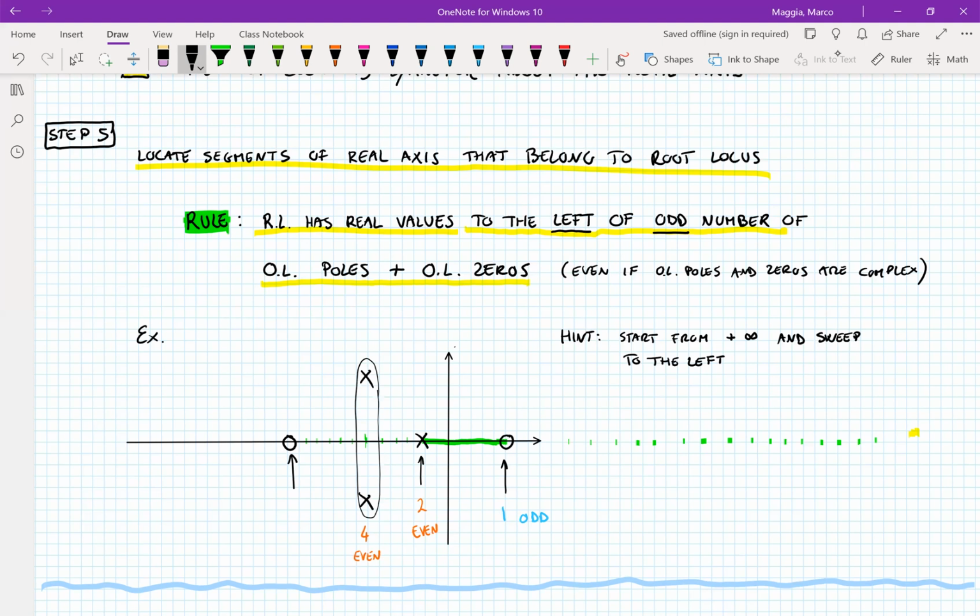So now the total number of open loop zeros plus open loop poles is 5. 5 is odd, so whatever is to the left of it belongs to the root locus. Obviously, on the real axis, we're still referring to that. So in this case, we can highlight all the real axis, and actually here we're going to minus infinity.